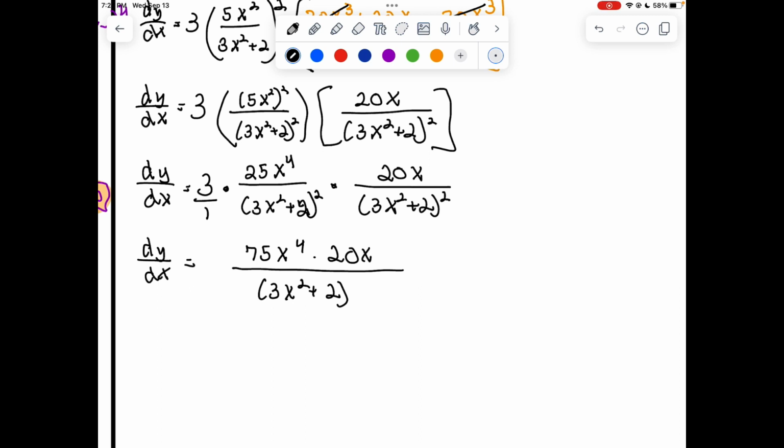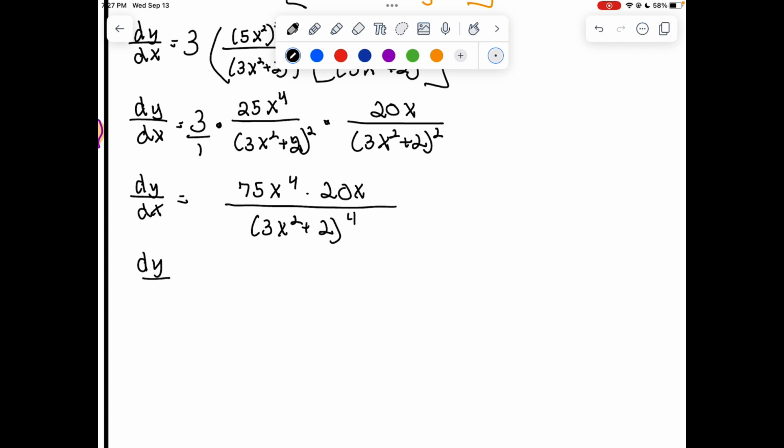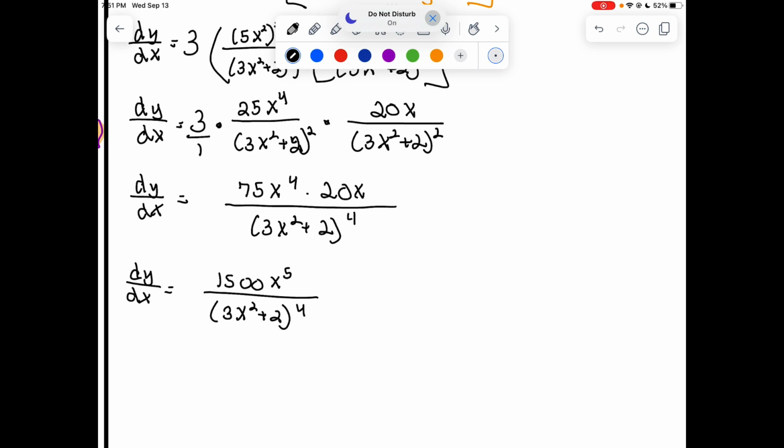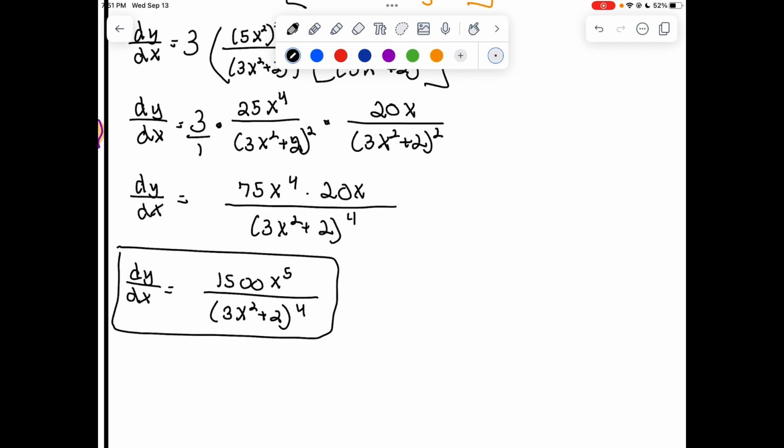And last but not least, I need to multiply 75x to the 4th times by 20x. 1,500x to the 5th over 3x squared plus 2 to the 4th power. And that's how you find derivatives that involve composite functions, when you have a function inside of another function.